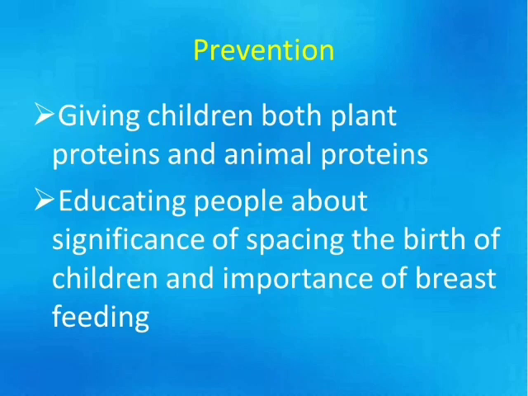Then it is important to educate people about the significance of spacing the birth of children. Spacing means the time period between the birth of two children, and the importance of breastfeeding. So there should be enough time between two children so that the mother can take care of the child and ensure a proper protein rich diet for the child.